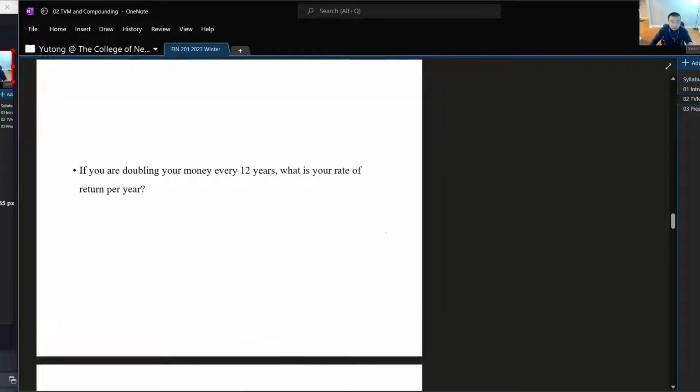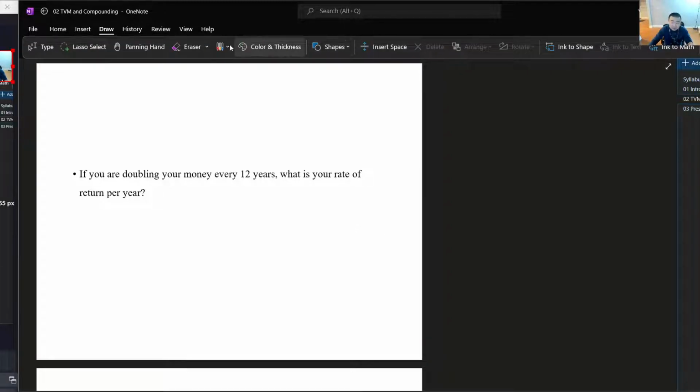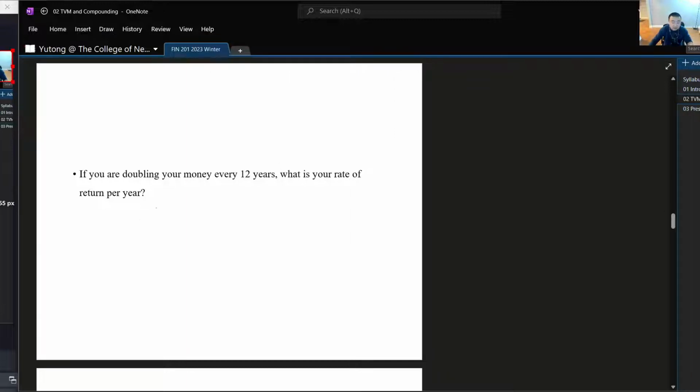If you want to double your money every 12 years, what is your rate of return per year? For example, if I want to double my money, that's saying for every dollar I put in, I should get 2. I hope we have the same definition of doubling.